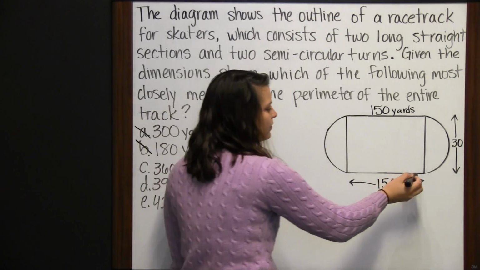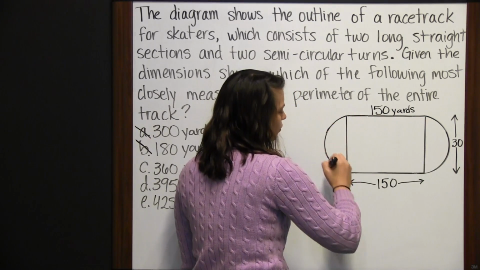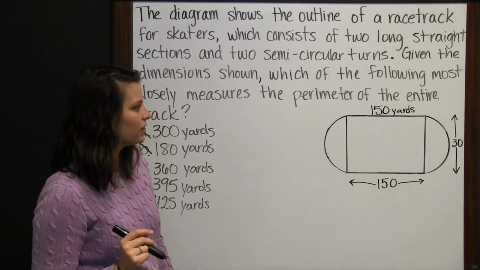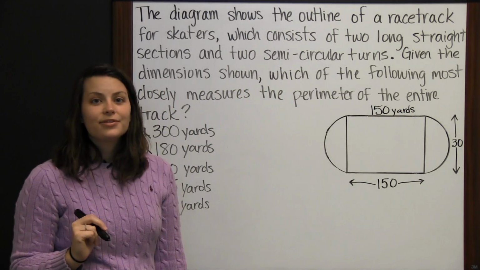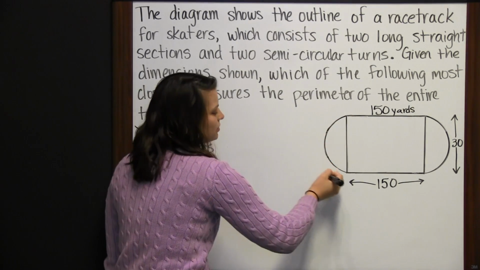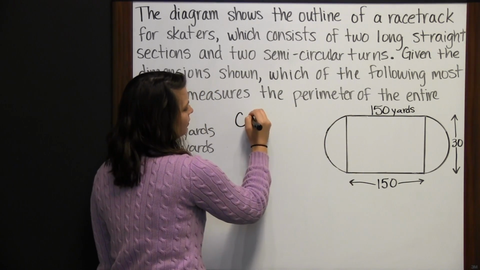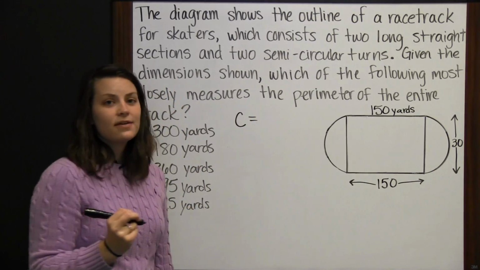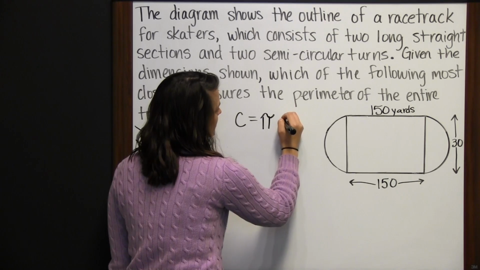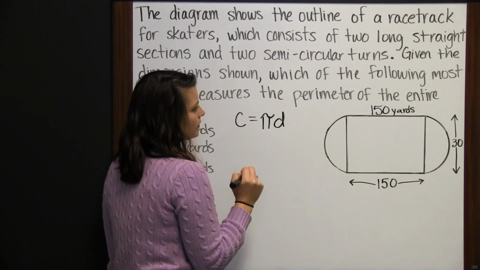So really they're traveling the distance of one whole circle in addition to these straight sides here, which means we need to find the circumference of our circle to find the distance around the circle.